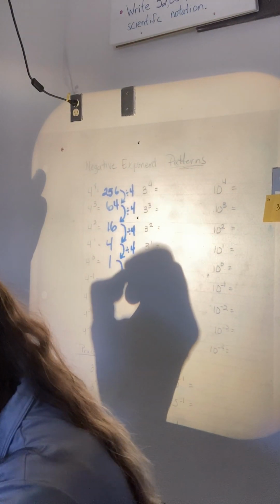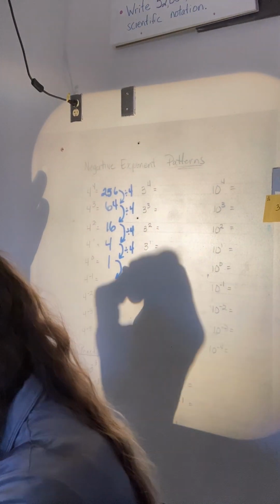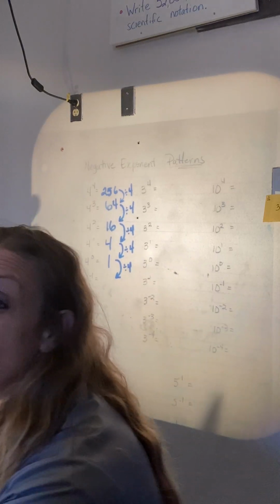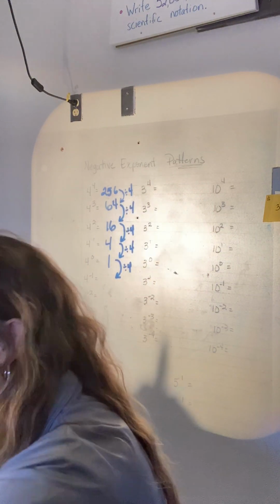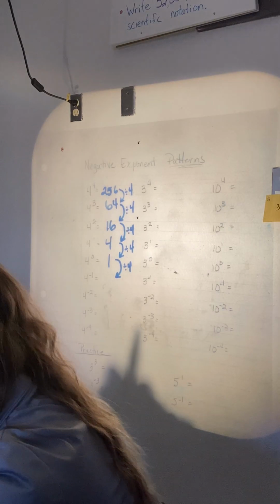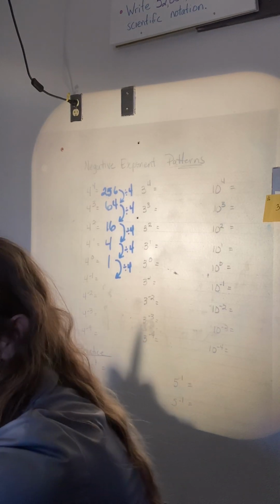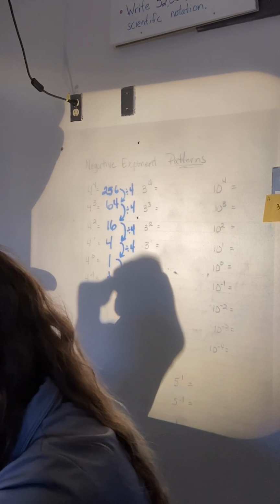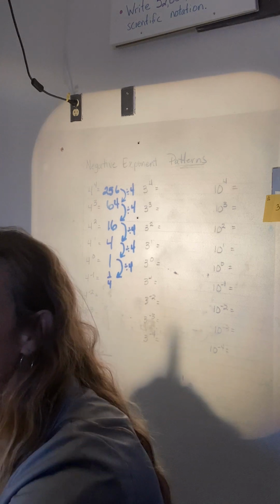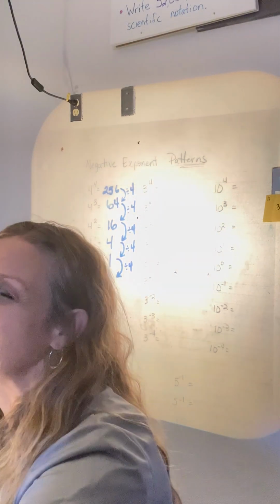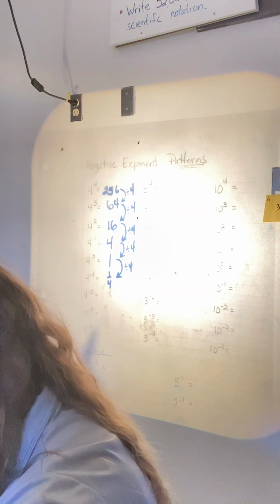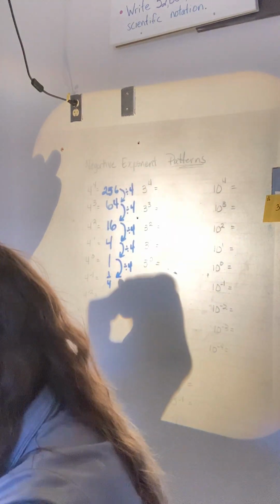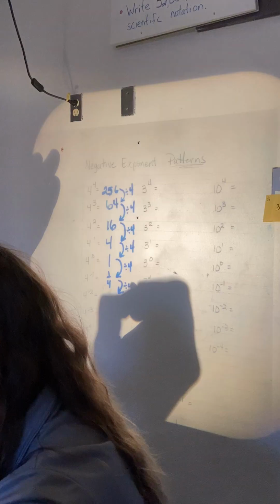When we go down here, we divide by 4. 1 divided by 4 is 0.25, which I don't want to go decimal form. I want to say fraction. 1/4. The negative exponent doesn't make it be a negative number. It makes it be a fraction.